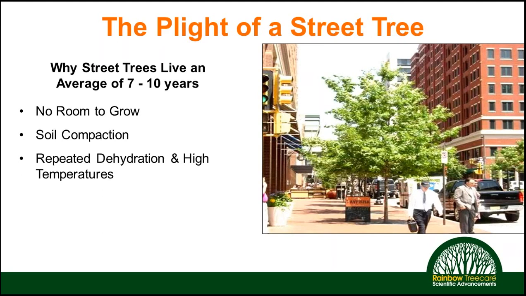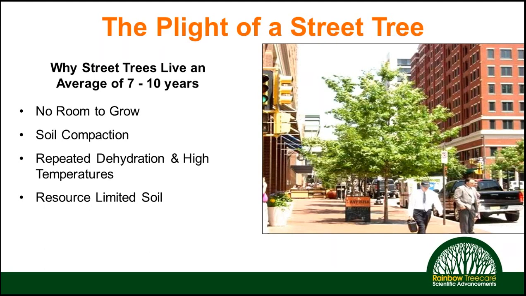It's not a bad idea also to mulch that tree, because that mulch is going to moderate the soil temperature, control weeds, control moisture loss, and it's going to break down eventually and incorporate organic matter into the soil.